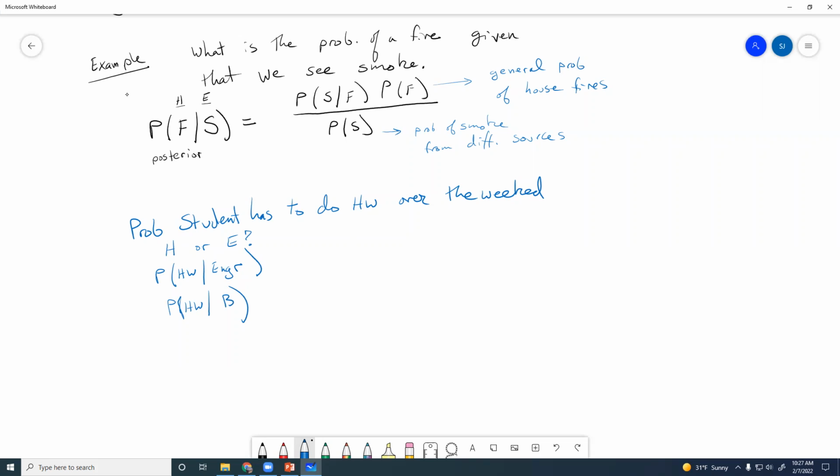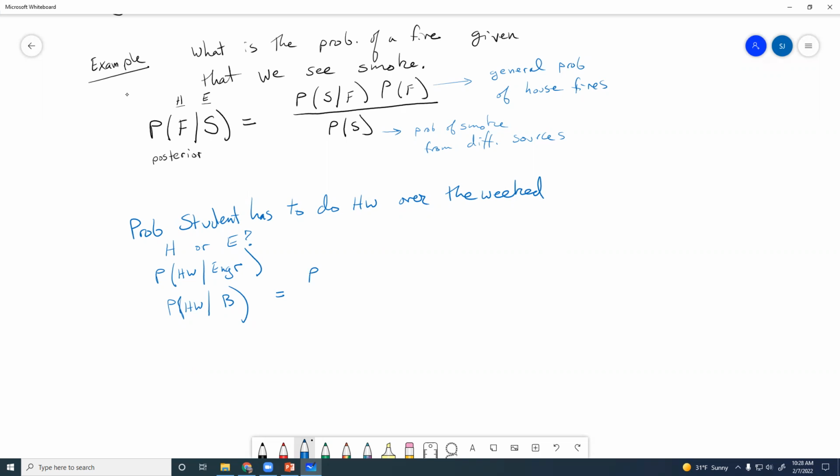Okay, and then once you come up with that example, try to write out Bayes' theorem. Jaden, did you get it down?